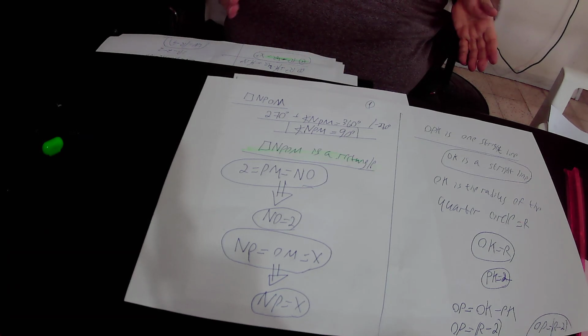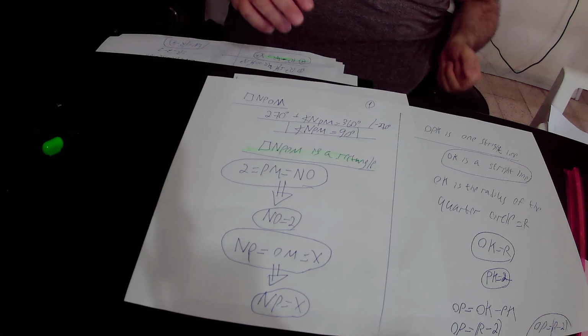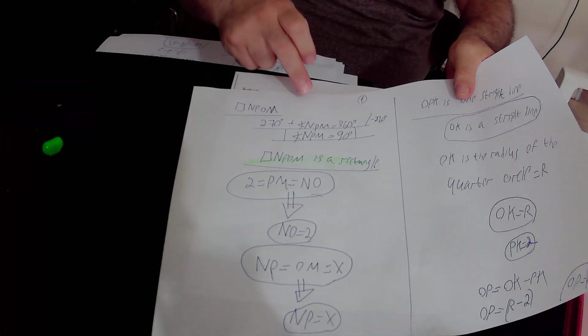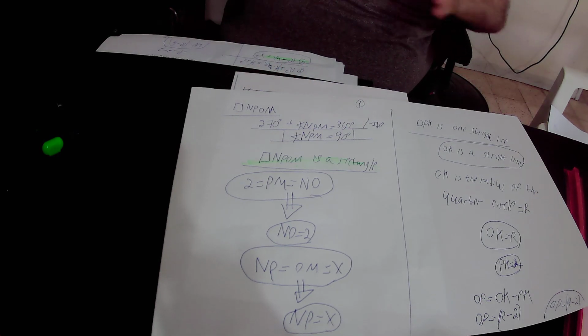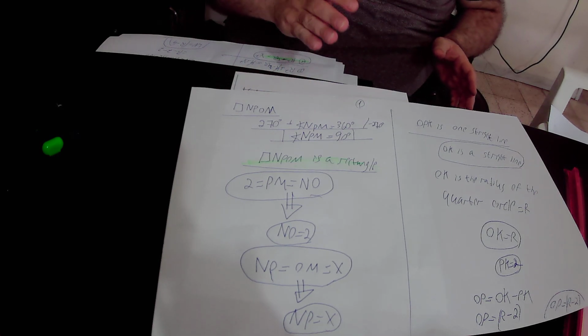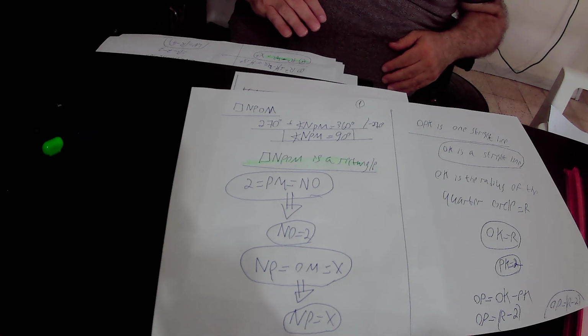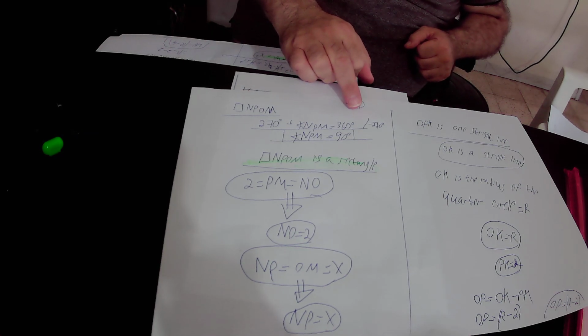The sum of 3 right angles is 90 times 3, which is 270 degrees, plus the size of the 4th angle, that is actually angle NPM. In total the sum of those 4 angles must be equal to 360 degrees according to the rule that the sum of the angles in any quadrilateral is equal to 360 degrees.